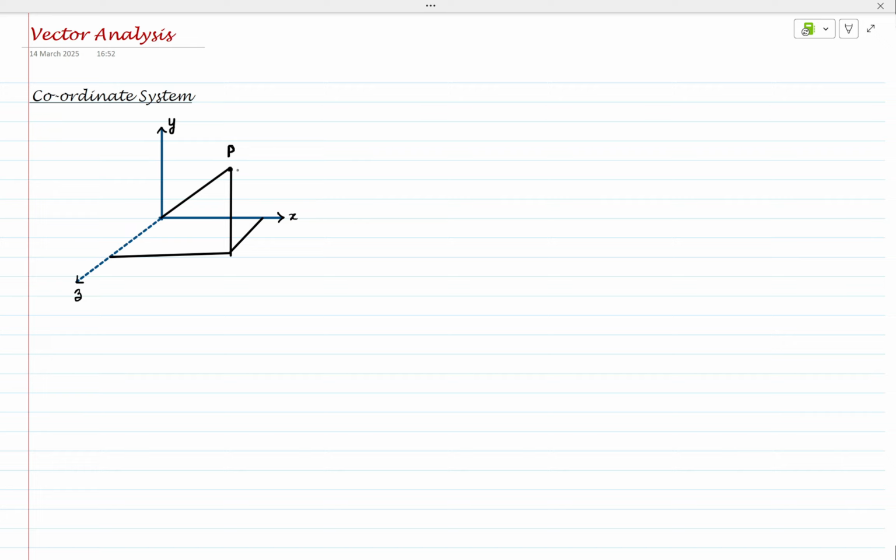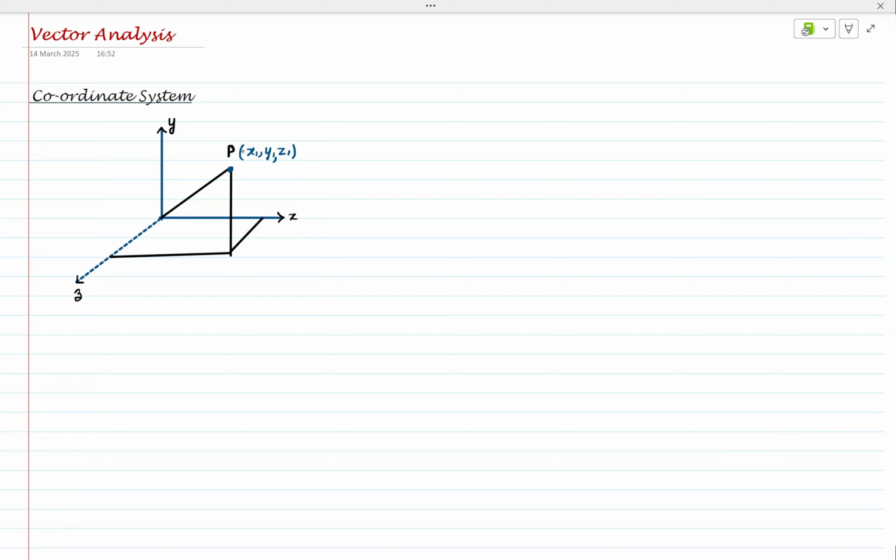So from here, as this point P is in the three-dimensional plane, the coordinate of the point P can be given as x1, y1, and z1.